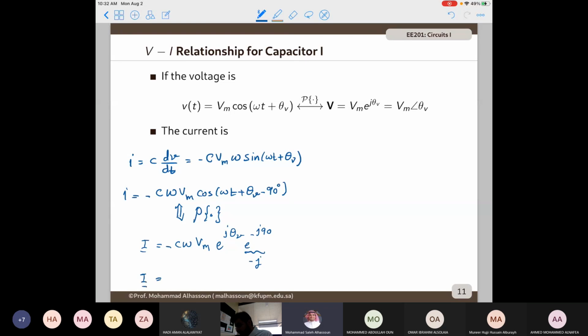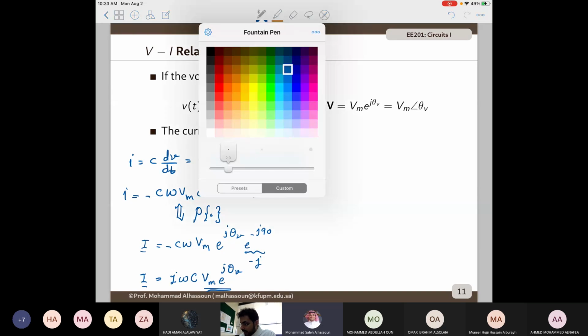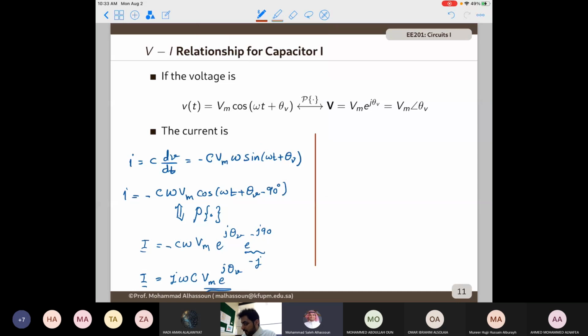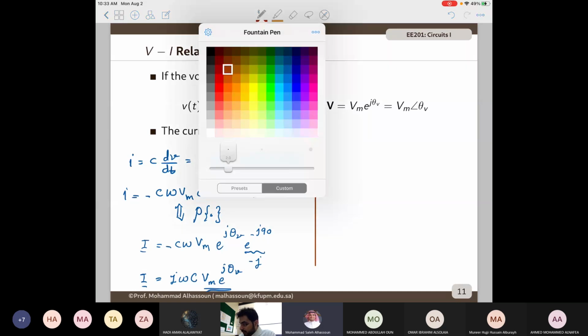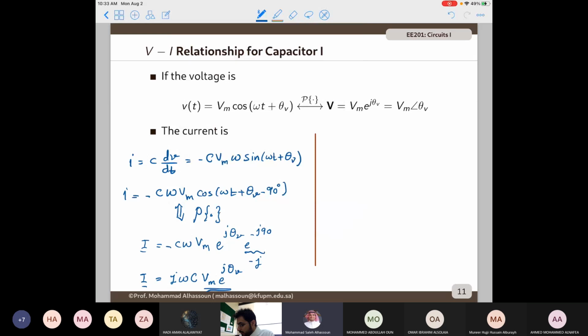So we'll have j omega C Vm, but what is Vm e to the power j theta V? This is exactly the voltage, the phasor form of the voltage.